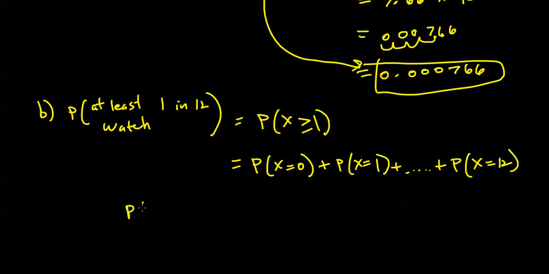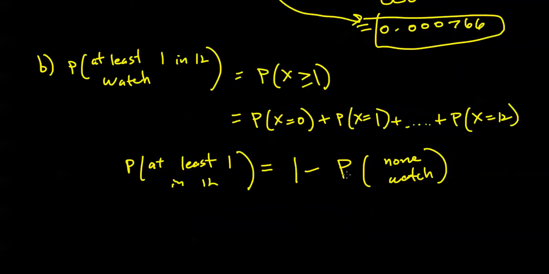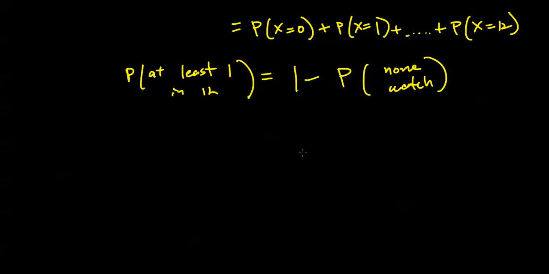The probability that at least 1 in 12 is watching the game, I claim that's 1 minus the probability that none are watching this game. If we may recall from an earlier section, the probability of at least 1 is 1 minus the probability of none. Well, if none are watching, that's really the probability of 0 successes, and we already have that from part A, do we not?